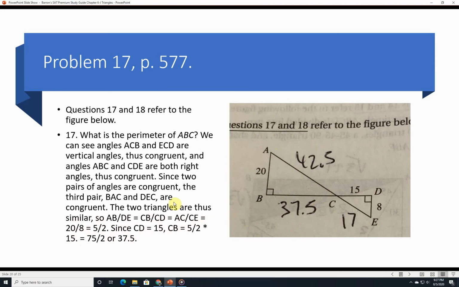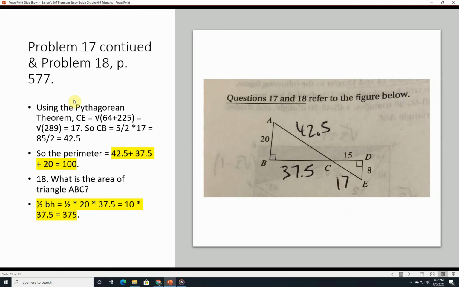So, the next question is, using the Pythagorean theorem, we still have to figure out the rest of this. 15 squared plus 8 squared is going to be equal to 64 plus 225, which is 289. 289 is 17 squared, so you take the square root of 289 and get 17.